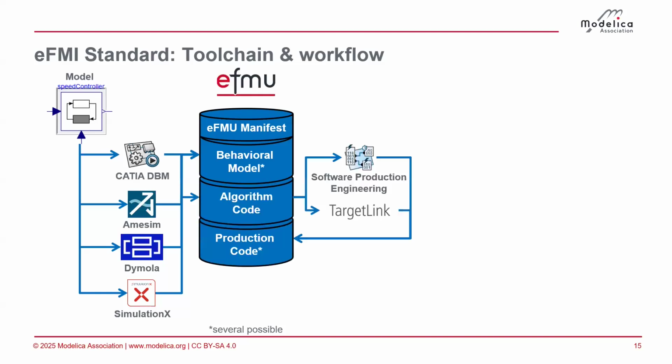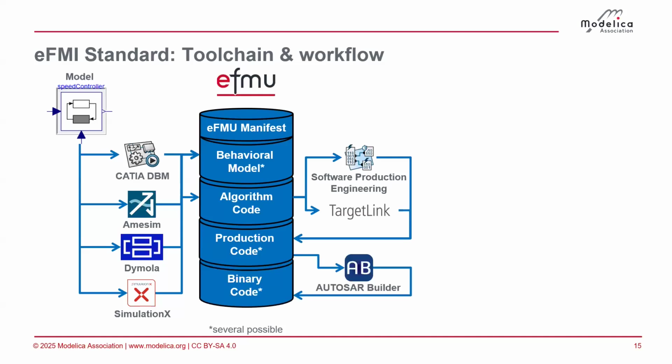Then we come to generating actual C production code from the algorithm code. There you have tools like TargetLink or Software Production Engineering from Dassault Systèmes, and TargetLink is from dSPACE. That can translate this algorithmic solution to actual C code. And then you could go to binary code for a dedicated platform, for example, AUTOSAR Builder, which would take the eFMU container and generate, for one of the production codes that you choose, the additional code needed to make it an AUTOSAR component.